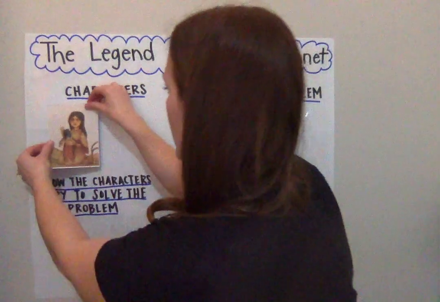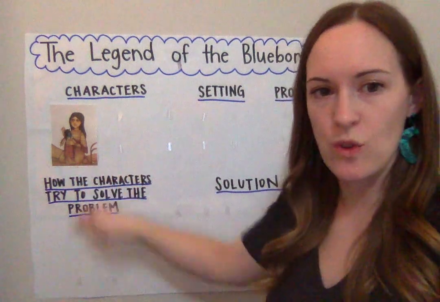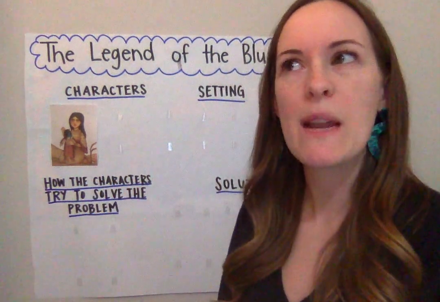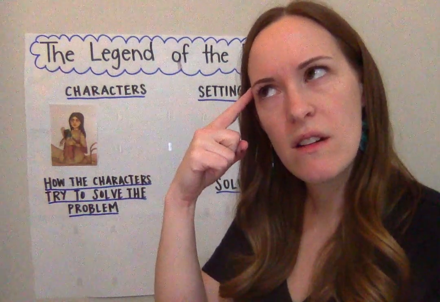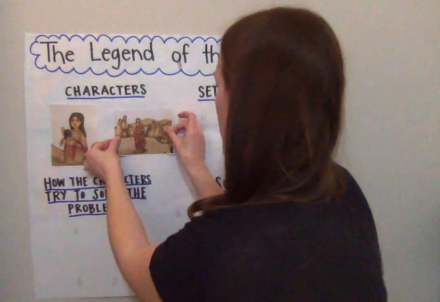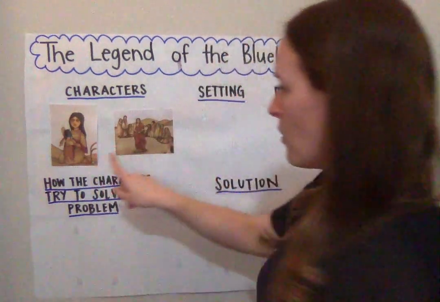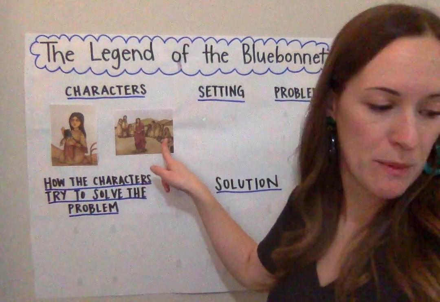So I'm going to put her right here because she is a character in the story. Can you think of any other characters? Any other people or animals that we learned about in the story? Can you think? You got it. The shaman and the other people in her tribe. We know the characters are She Who Is Alone, the shaman, and the Comanche people.